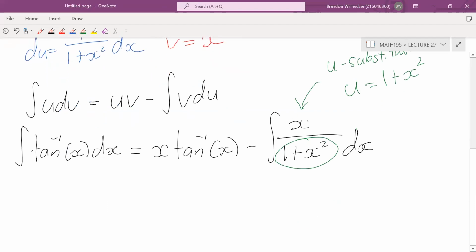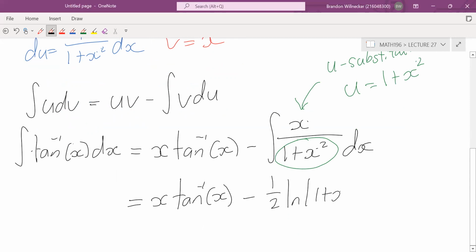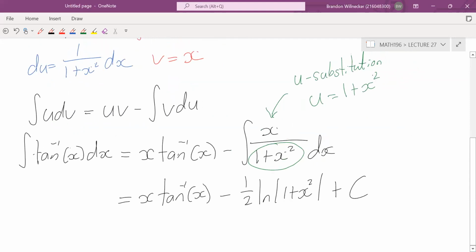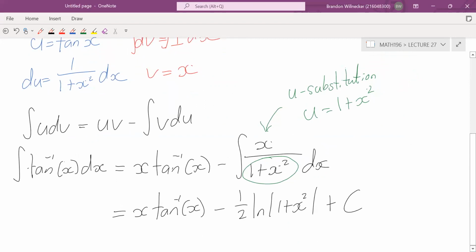So you just do your u substitution there, and then your final answer is x tan inverse of x minus 1/2 the natural log of 1 plus x squared. Okay, and then we can add our plus c. So then that's our integration by parts done. Any questions on this one?